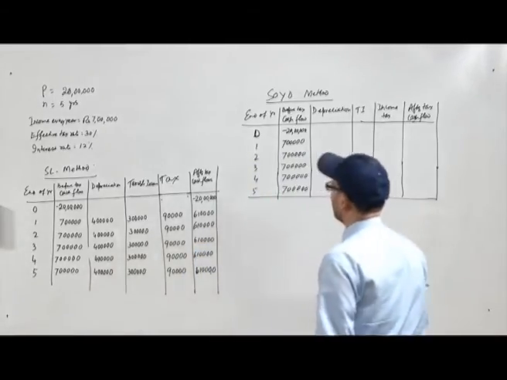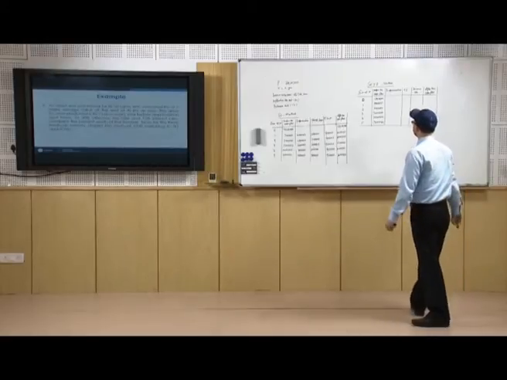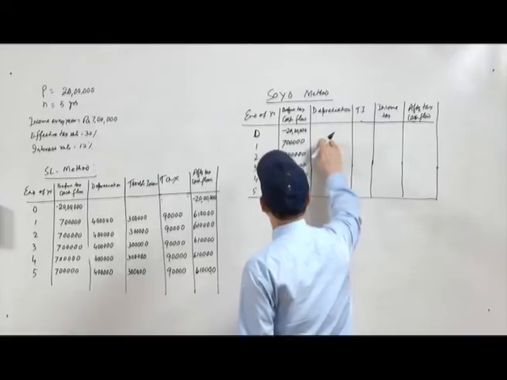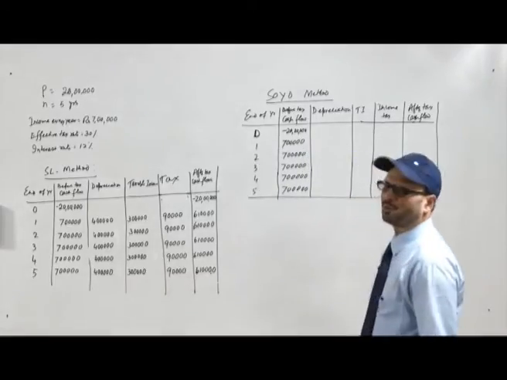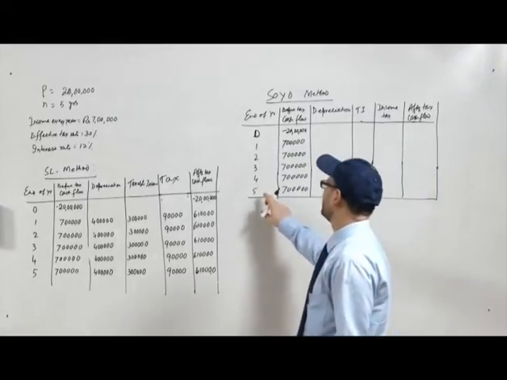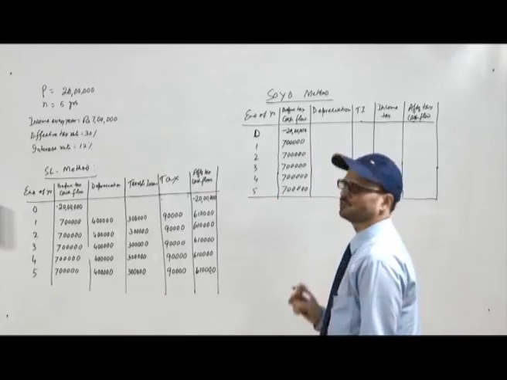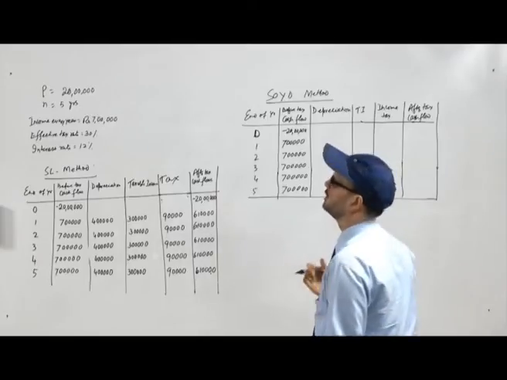In the case of SOYD, the depreciation during the first year will be 5 upon the sum of years digits. The sum of years digits is 5 into 6 by 2, which is 15.